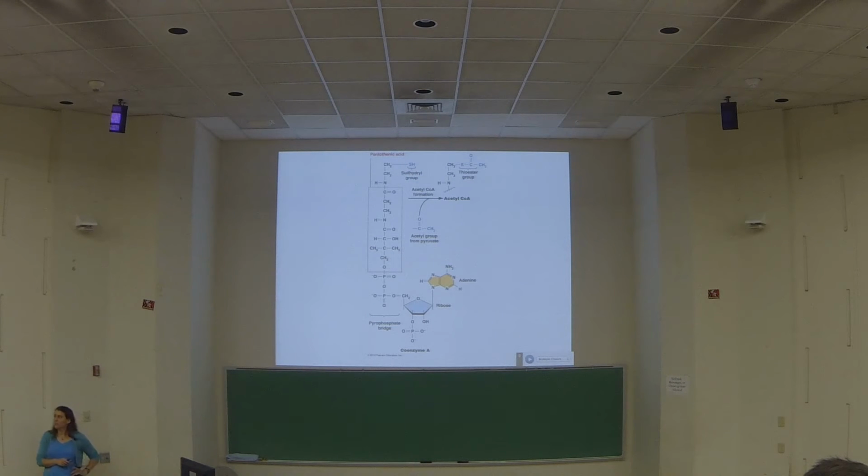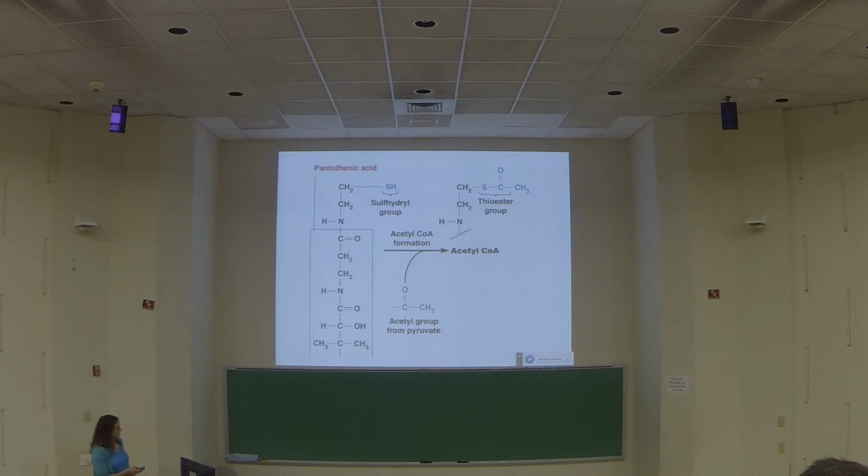We talked about a similar enzymatic reaction already, once in glycolysis. So this sulfhydryl group picks up the acetyl group from pyruvate, forming that thioester bond, and it's going to carry that acetyl group into the tricarboxylic acid cycle.